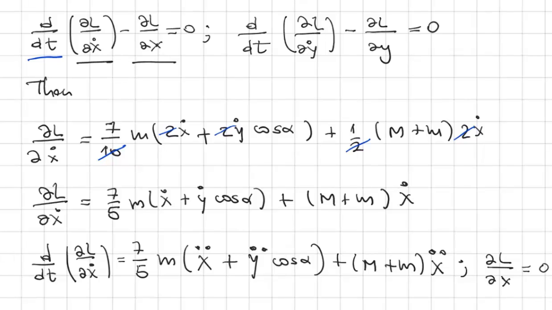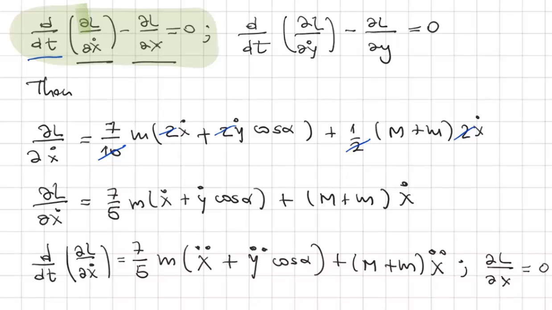Okay, all right, so let's see how the first Lagrange equation of motion is going to be. Basically, we know that d/dt of dL/dx dot minus dL/dx is equal to 0.